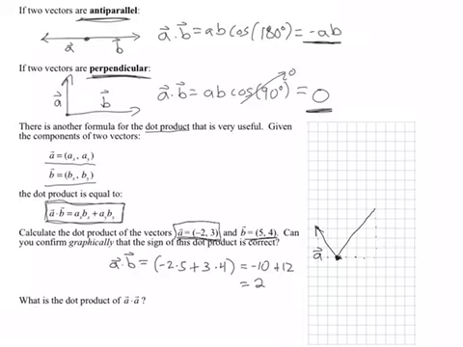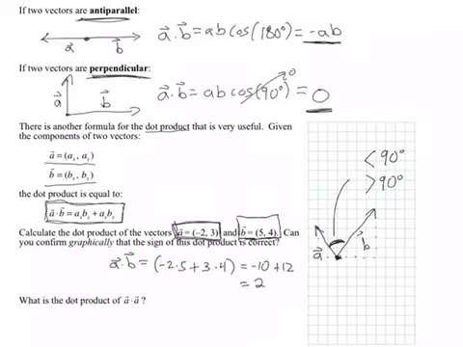So our B vector is something like this. And let's say you had a question where we asked, what is the angle between A and B? Is this angle less than 90 degrees or greater than 90 degrees? How would you figure that out just given these component forms of the two vectors and drawing them out?